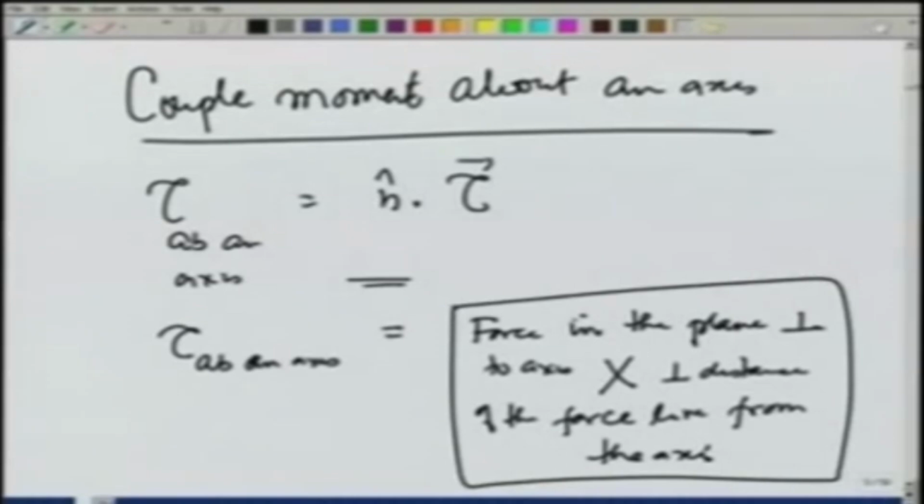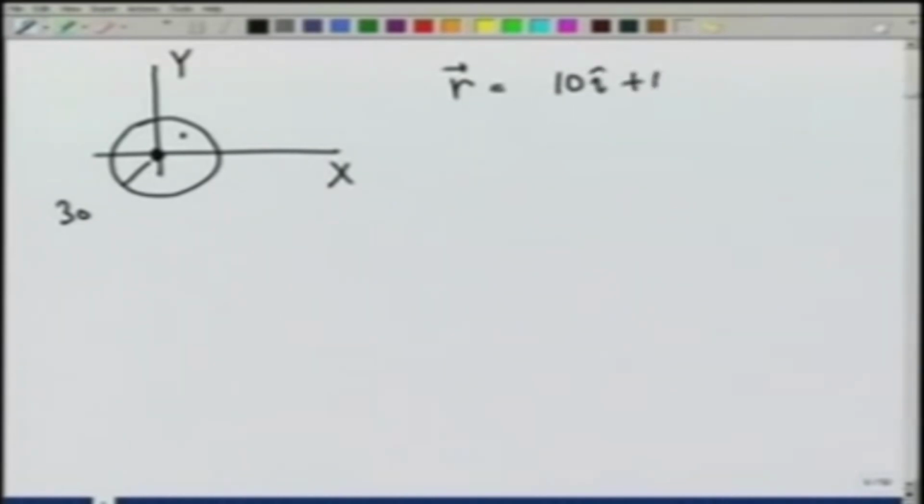So, as a simple example, let me take a disk which is free to rotate about the z axis. Let us say this is the x axis, this is the y axis, and z axis is coming out of the plane. Let the radius of this be 30 centimeters, and let me apply a force at point r equal to 10 i plus 10 j.